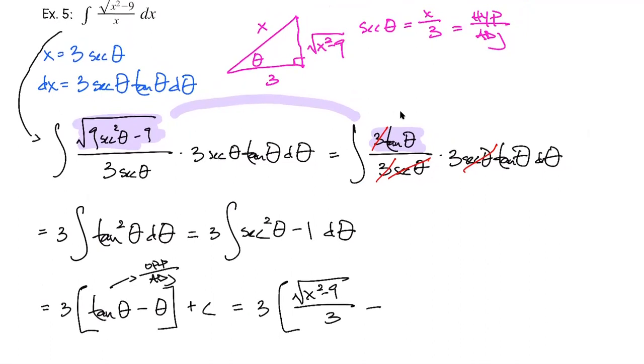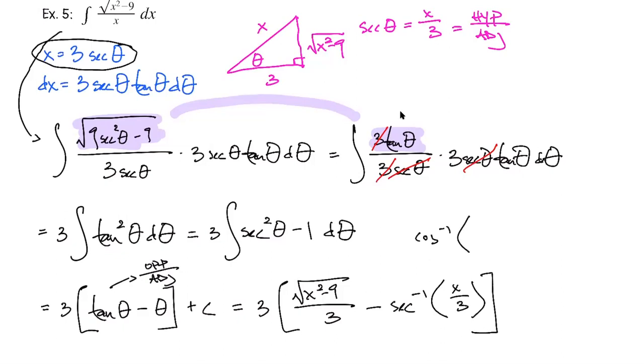minus, you could put whatever you want for theta. Again, I like to go back to whatever I said was x and solve for theta. And so that would give me the inverse secant of x over 3. Okay. But for example, it would not be wrong to write the inverse cosine of 3 over x. Like, that's another option.